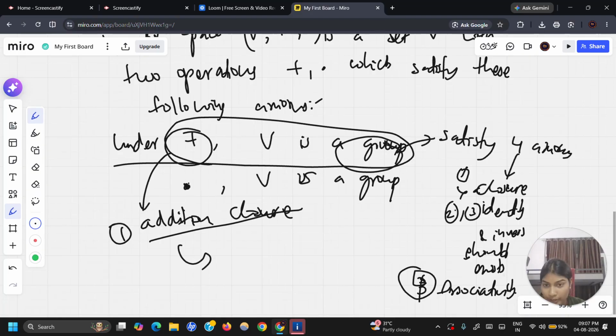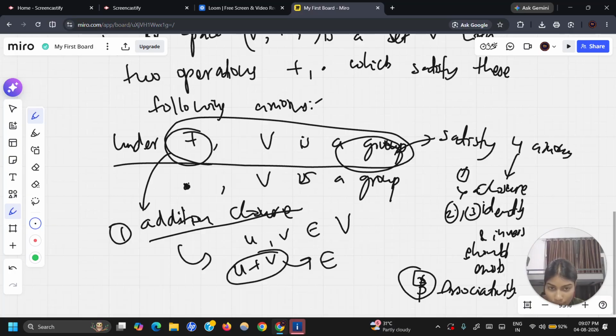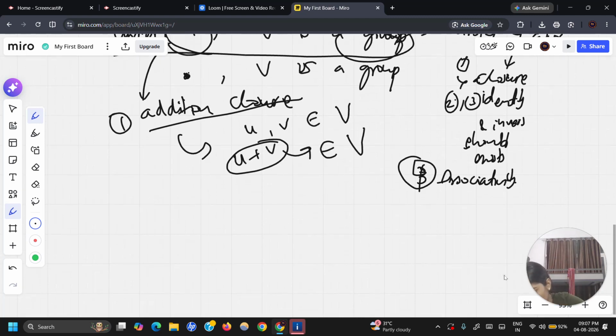Suppose we take u and v which belong to capital V, then u plus v, the result, should also belong to V. That is the addition closure.